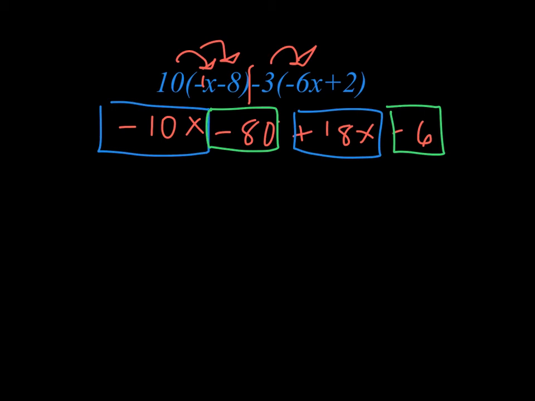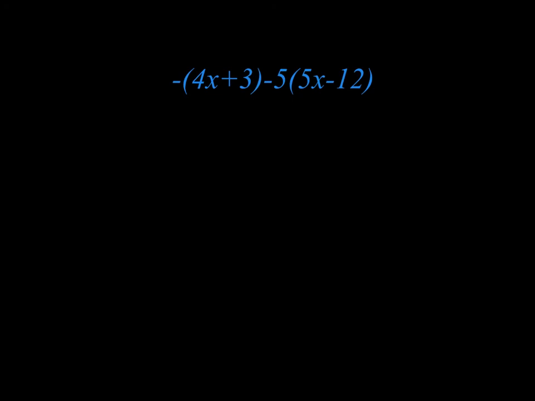So 18 minus 10 is going to give me a positive 8. So I have 8x, and I have negative 80 and negative 6. So my signs are the same. I'm going to add and keep. So 8x minus 86. Let's look at one more example before I have you do some on your own.